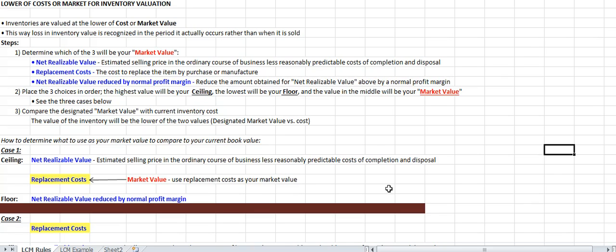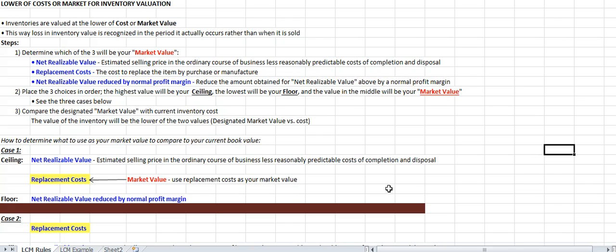But we will decrease it, so that any loss in value of inventory will be booked in the current period, and so then going forward you could go ahead and realize any original profit margins that are associated with that inventory in future periods.